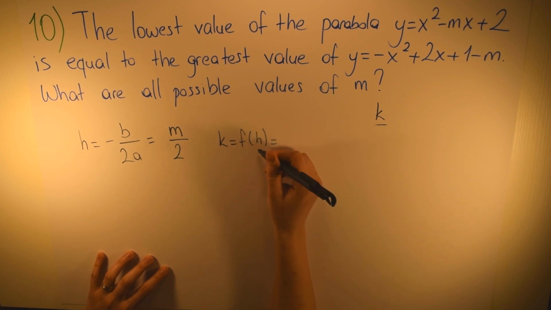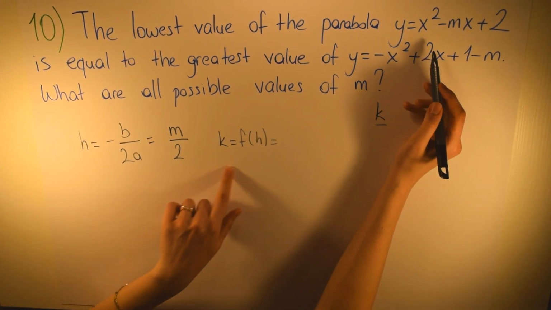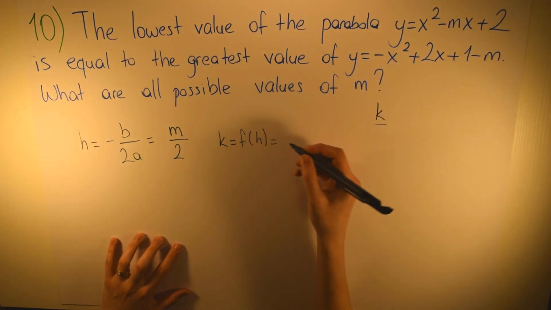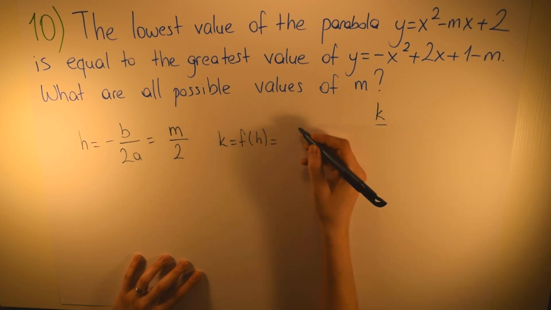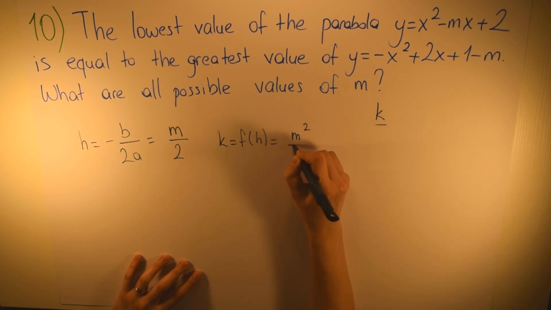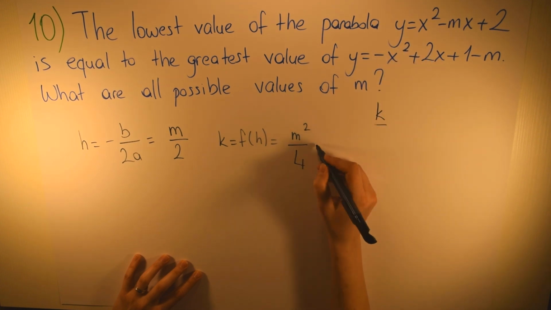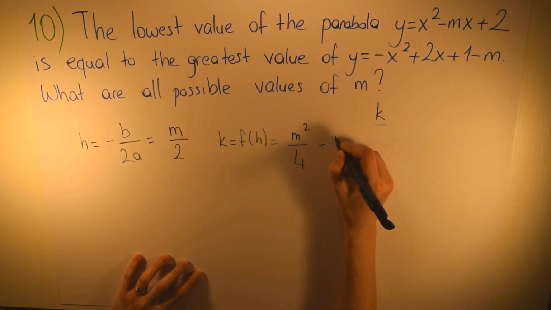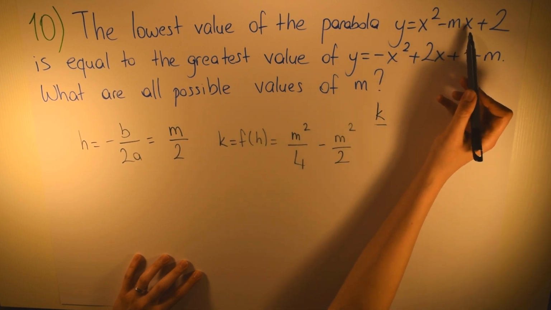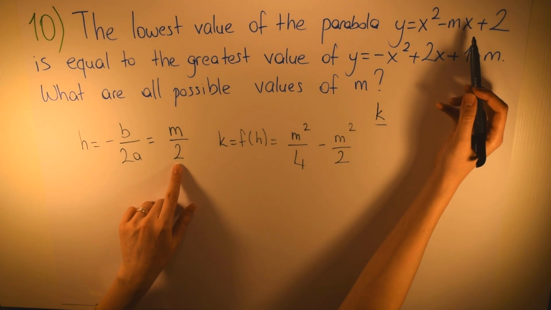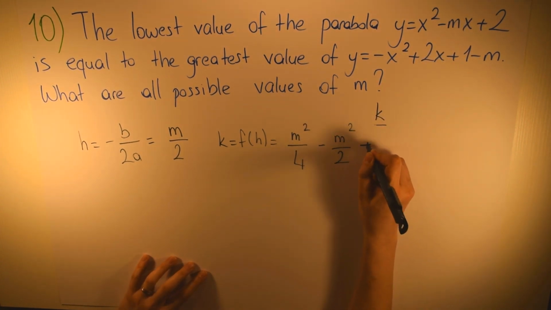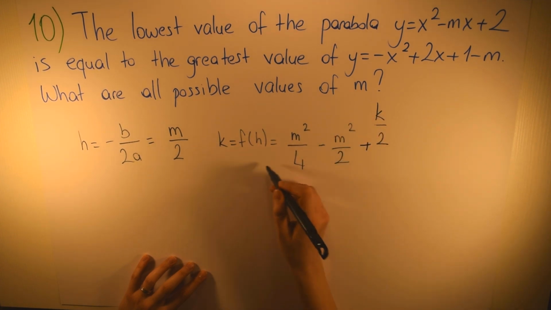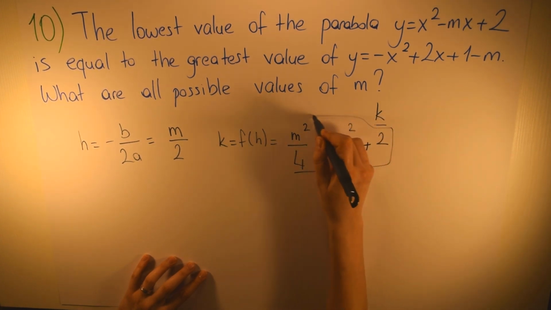When you put the value of h instead of x here, you will be able to find the value of k. So it's m over 2, so it will be m squared over 4 because it's x squared. It's minus m squared over 2 because this is m times x, and x is equal to m over 2, so it will become minus m squared over 2 and plus 2. So this is the value of k for the first equation.